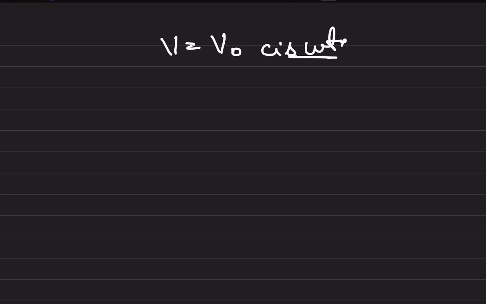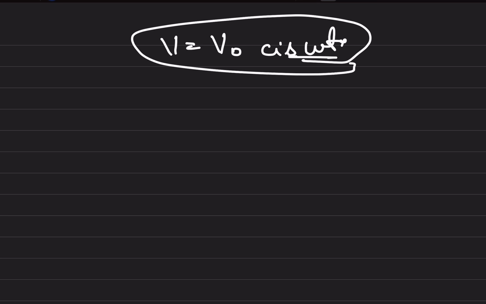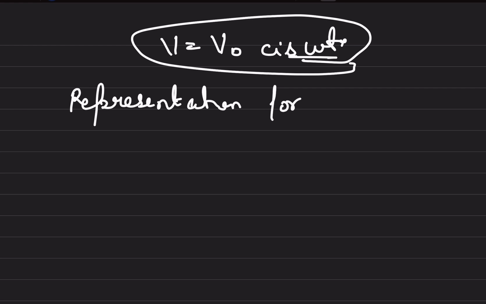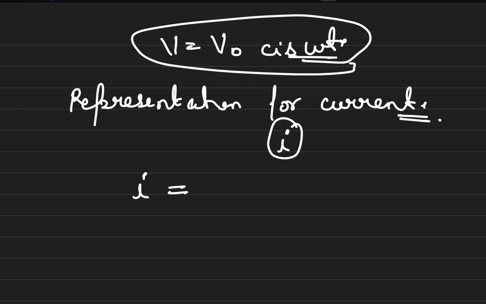This is the representation of voltage in an AC circuit. Now the representation for current, I. How is the current defined in an AC circuit?